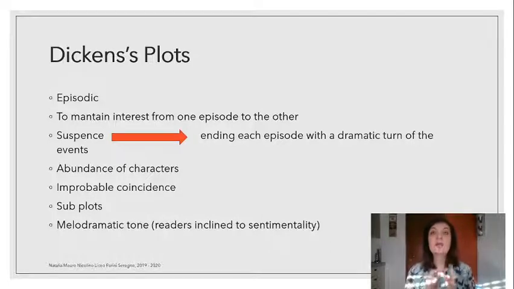Then, his plots are also characterized by improbable coincidence. There are sometimes coincidences which are really strange, improbable. And you say, oh my God, how is it possible that something like that is happening? But it happens. Think of TV series, for example, where people we think are dead come back to life.